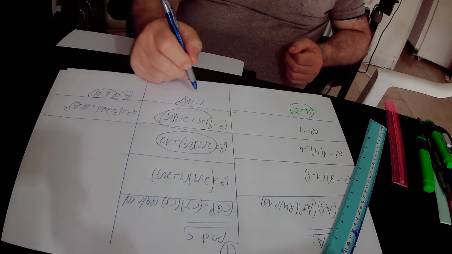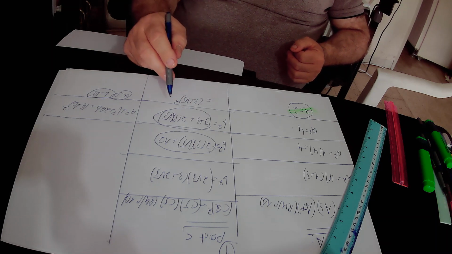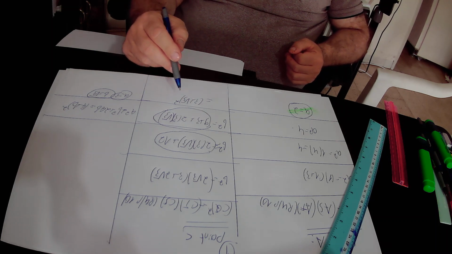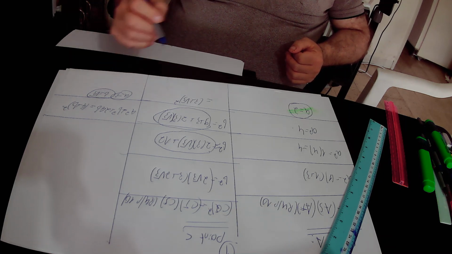In conclusion, we found out that 9 plus 3 plus 2 times 3 times square root of 3 is exactly equal to (3 plus square root of 3) squared according to this algebraic identity.